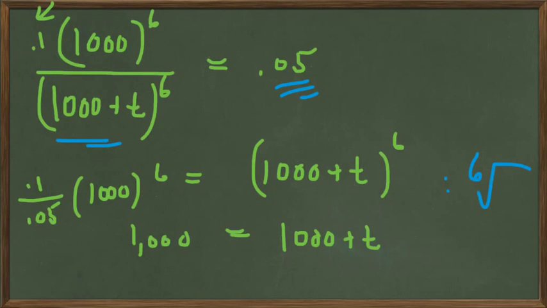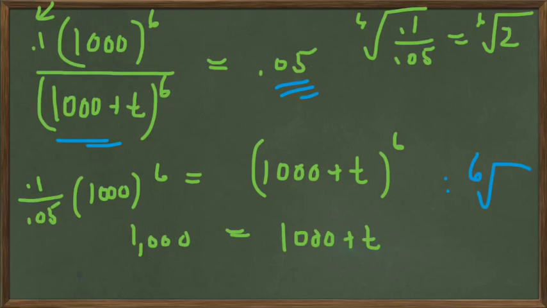This number right here, 0.1 over 0.05, is 2, and we're taking the 6th root of both sides, so it's the 6th root of 2, which is approximately 1.122.